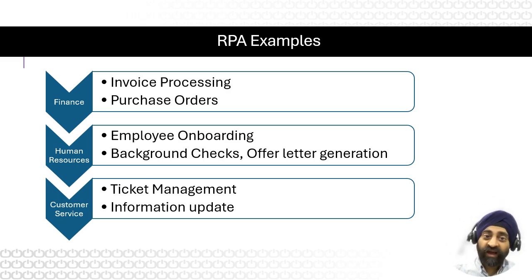Bots are used to capture invoice details. So there are certain invoices, and in the invoices there will be certain details. Bots will capture those invoice details and then validate them against purchase orders and automatically post them to the accounting system.